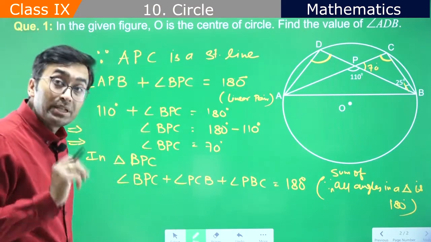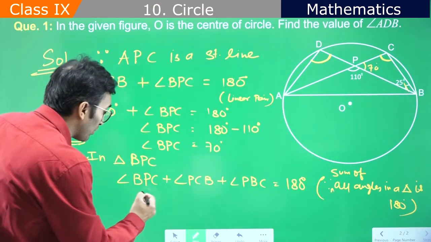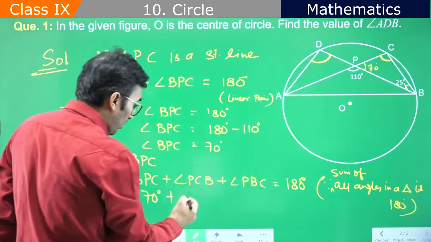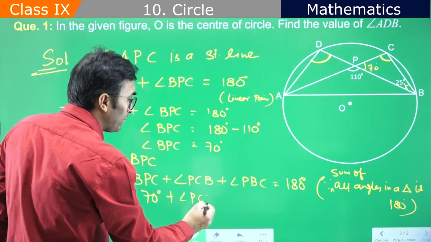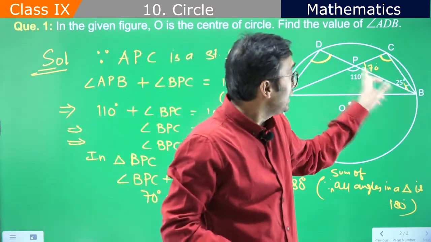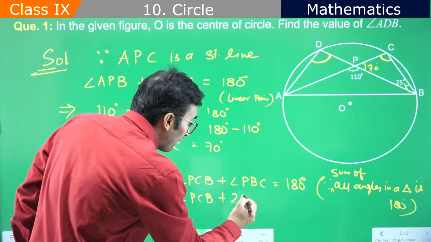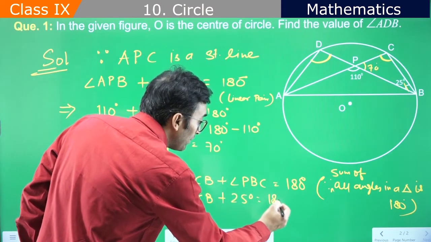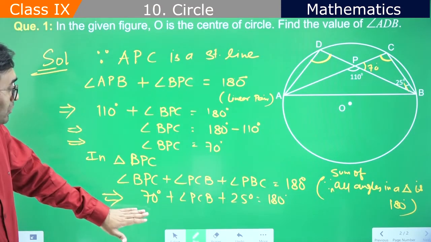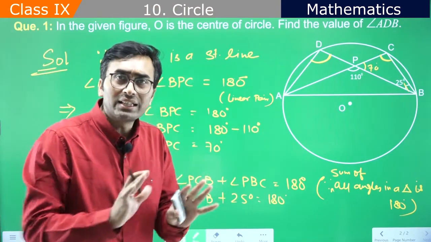Now we can substitute the values. Angle BPC is 70 degree, so put it here 70 degree, plus this angle PCB is not known, so just leave it as it is, PCB, plus angle PBC, this is given as 25 degree, so just substitute the value 25 degree, so this will be 180 degree. So 70 plus 25 is simple, that is 95 degree.